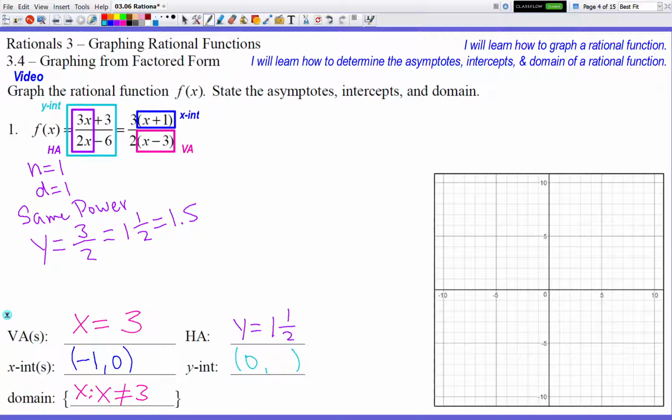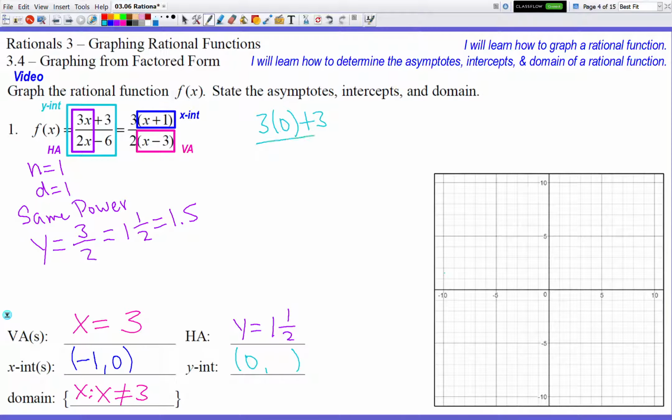When you plug in 0, whatever is left after everything is computed is your y-intercept. You can use either fraction, but the one on the left seems a little bit easier, because when I plug in 0, watch what happens. I'm going to have 3 times x, which is 3 times 0, then plus 3.